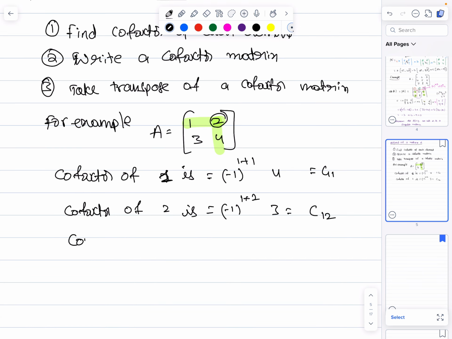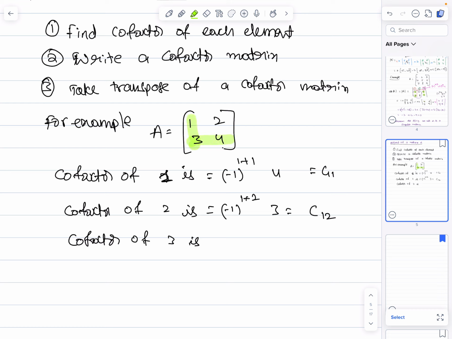Cofactor of 3 is, you should ignore this column and this row, and you are left with 2.